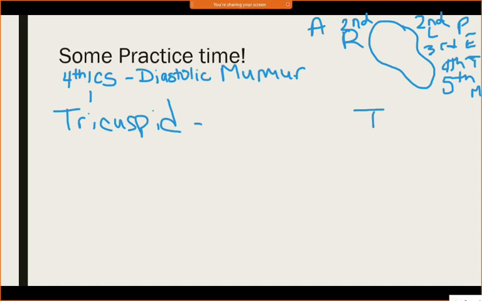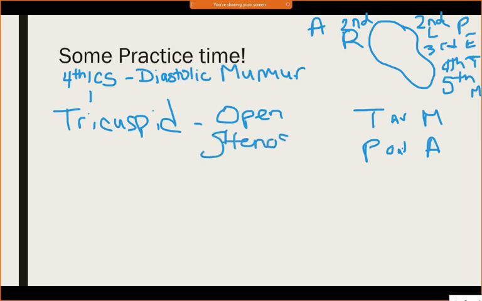If you're going to do a brain dump, these are AV valves and these are outflow valves. So what are they supposed to be doing during diastole? Are the AV valves open or closed? They are open. So it is open, which is a stenosis. Any valve that's supposed to be open and you're hearing a noise, it's automatically stenosis. So this is tricuspid stenosis.